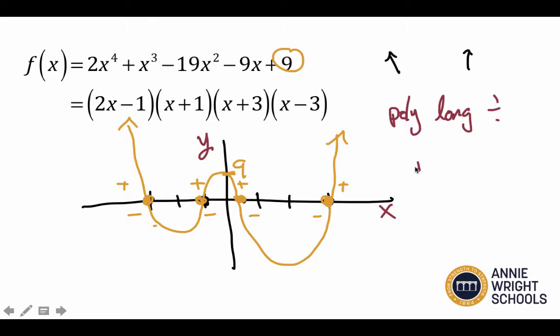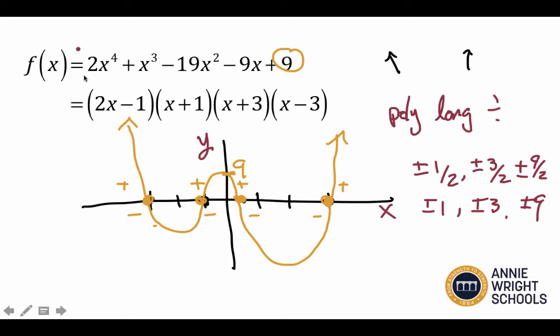Plus or minus 1/2, plus or minus 3/2, plus or minus 9/2, plus or minus 1, plus or minus 3, plus or minus 9, found by taking the factors of the constant over the factors of the leading coefficient, right? Again, notice there's a 0, there's a 0, there's a 0, there's a 0 again. The 4 zeros, the 4 roots showed up by the rational root theorem. How did I know to check those 4 and not the other 8?